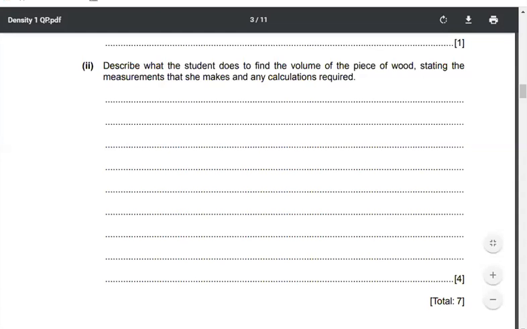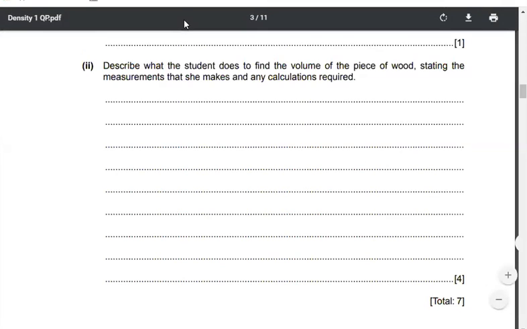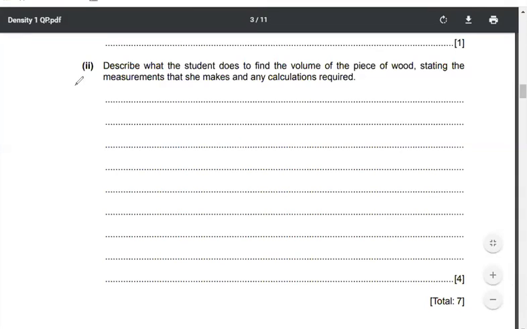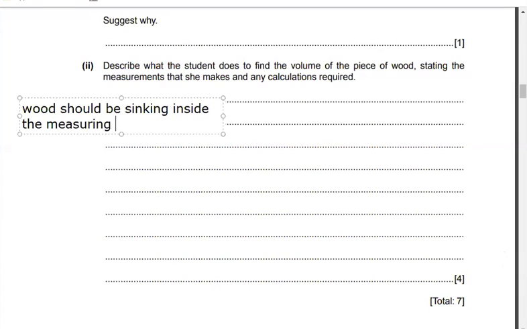So the first thing I want to do over here is make sure that my wood is sinking inside the measuring cylinder. So the first thing I should do is, my wood should be sinking inside the measuring cylinder.